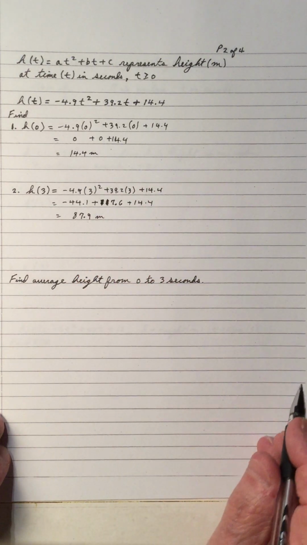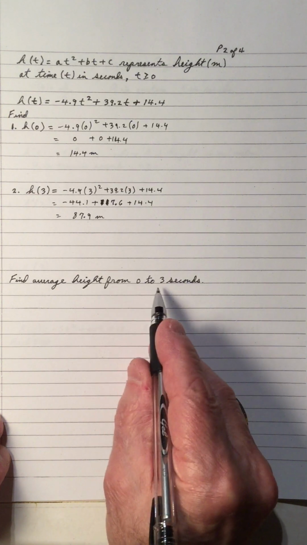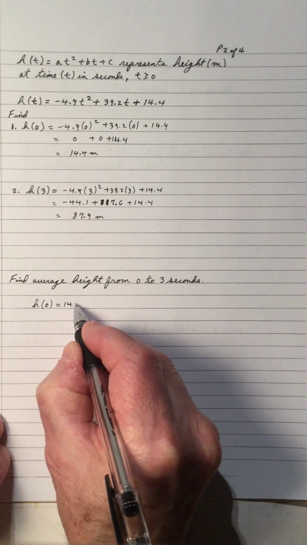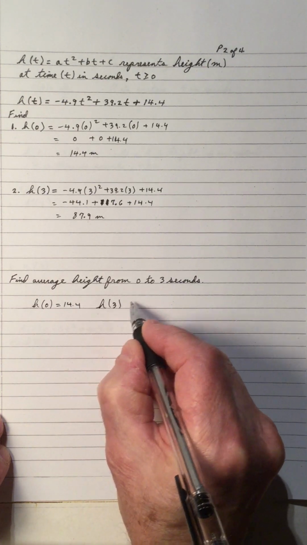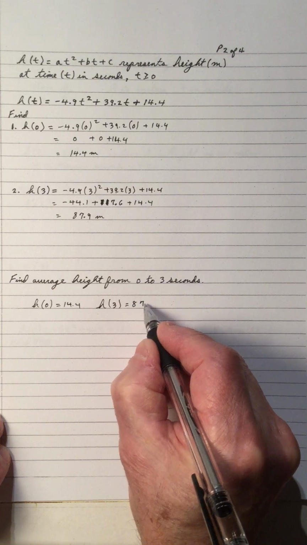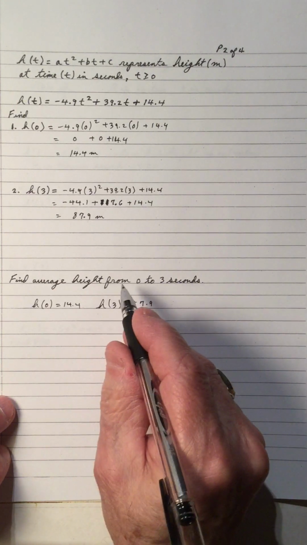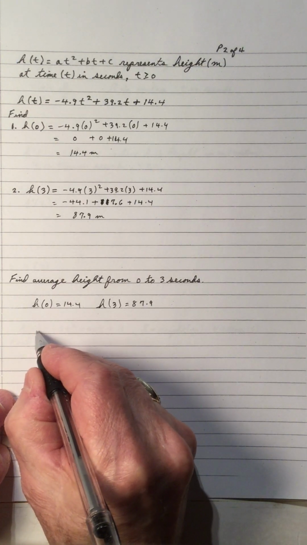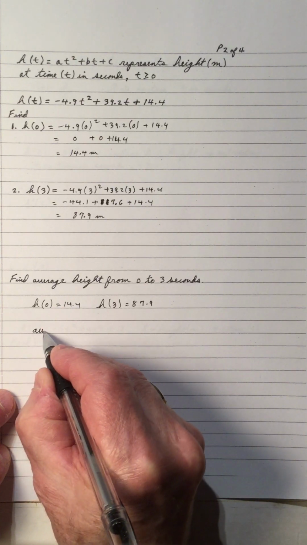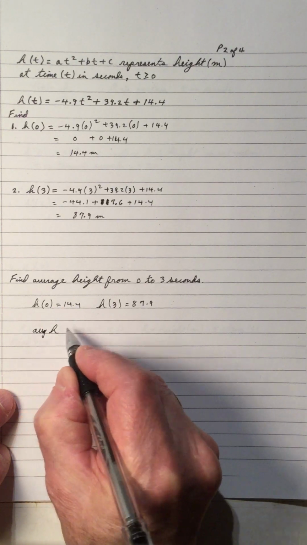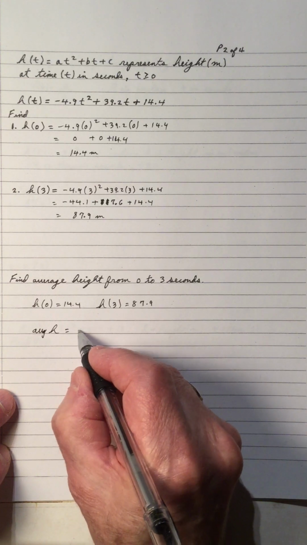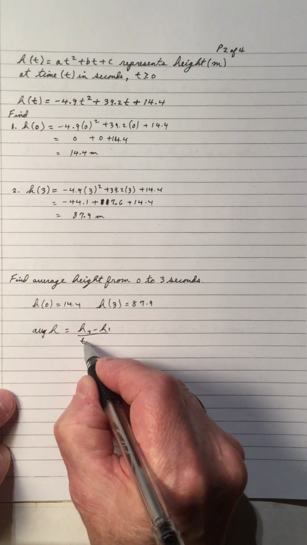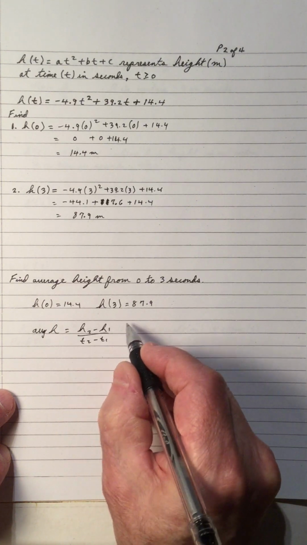Now, let's find the average height from 0 to 3. So h(0) is 14.4. h(3) is 87.9. The average height is like a slope. You could say it's h2 minus h1 over t2 minus t1.